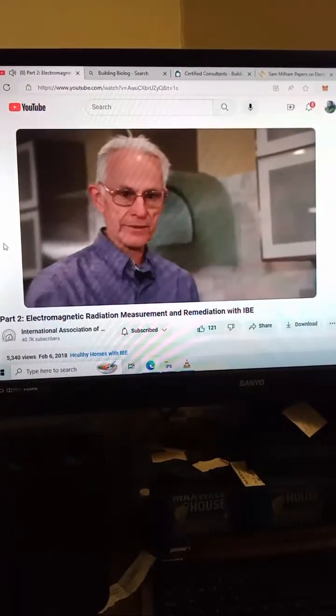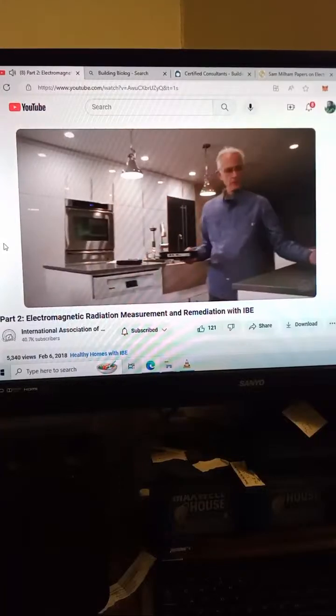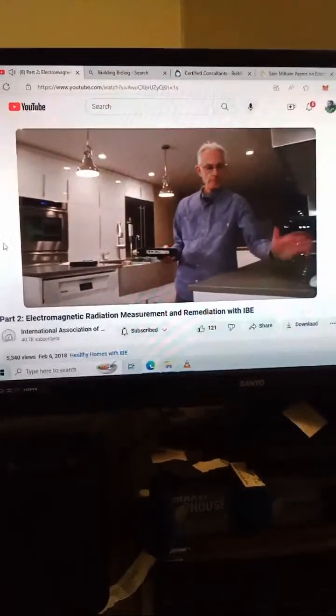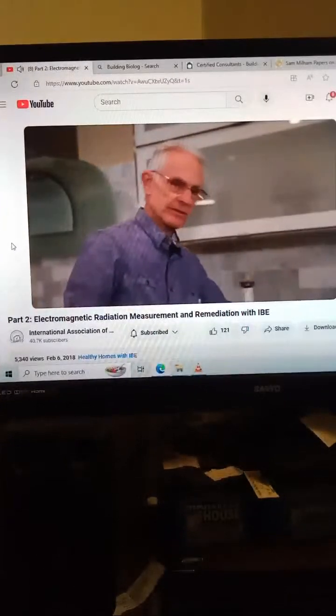We have in this home a typical setup of a router and a cordless telephone base station. The thing of concern is the cordless telephone base station, not so much the phone that's resting in it or the extension phones that might be in other rooms. The reason for that is because this device transmits all the time, whether you're using the phone or not.